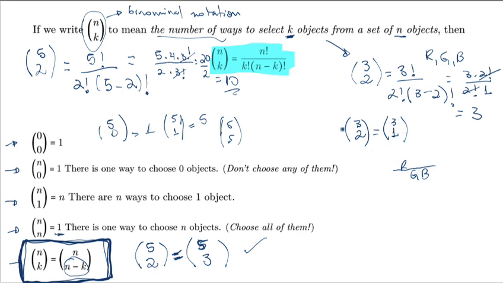And again, by this property, within 3 objects, if you need to pick 1, there are actually 3 ways you can choose, right? You can choose the red or the green or the blue. So it's exactly the same. So we checked that. Okay?